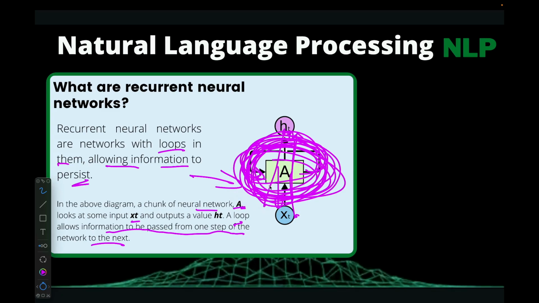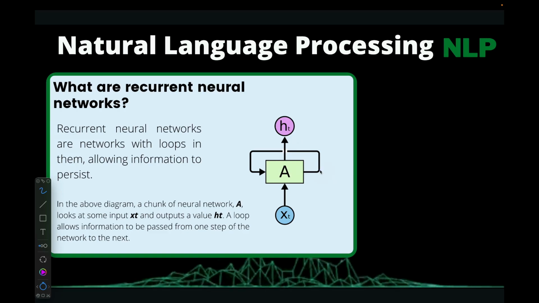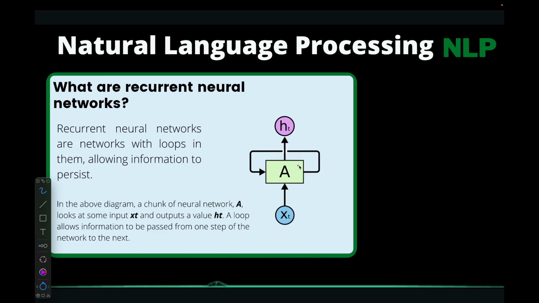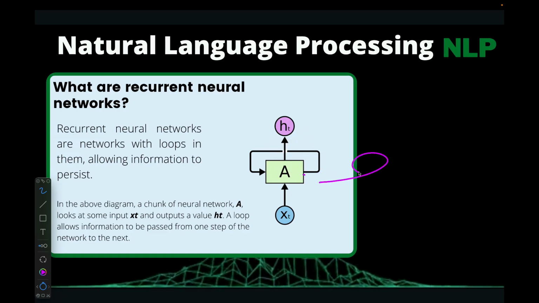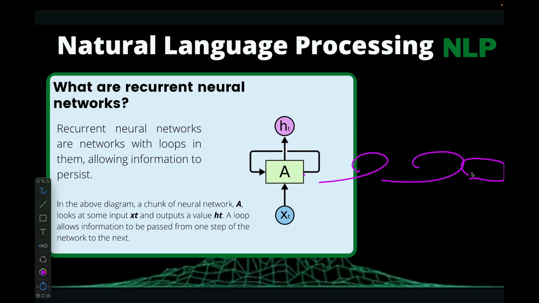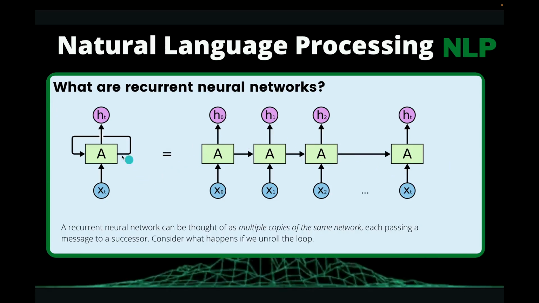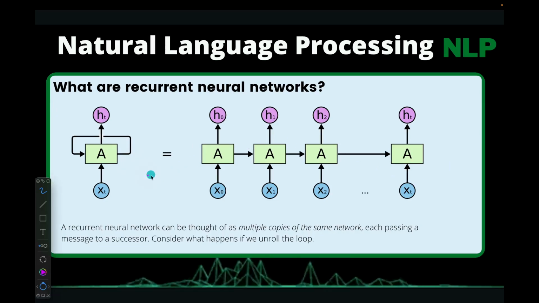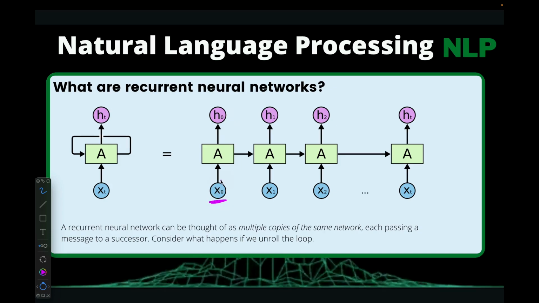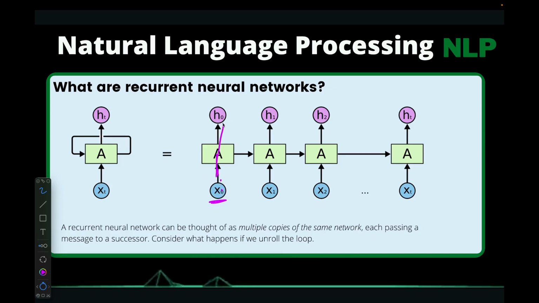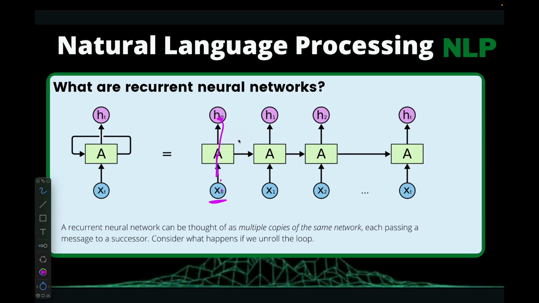So this one here can be expanded. It's a loop, which means that when it does one, it does it again, and then it does it again. So we can actually expand it this way. Let's say it started with this one. It has the data point, it passes through to get an output, and then it does it again.